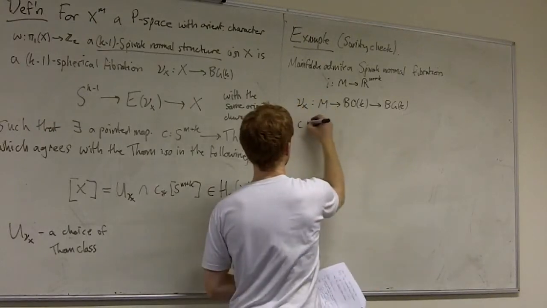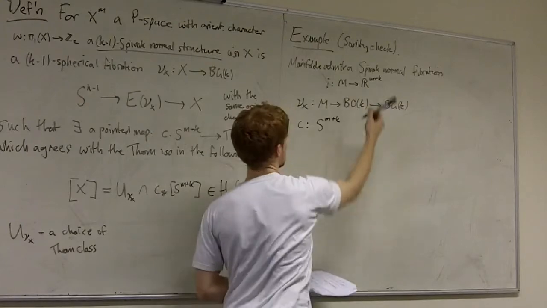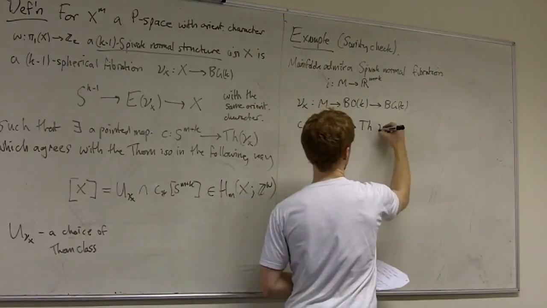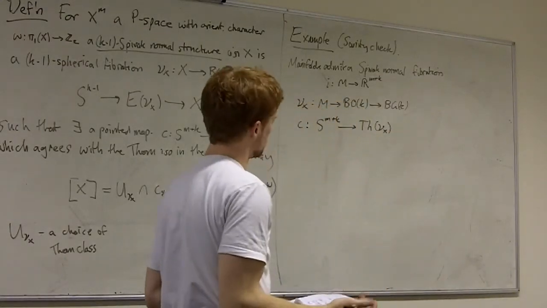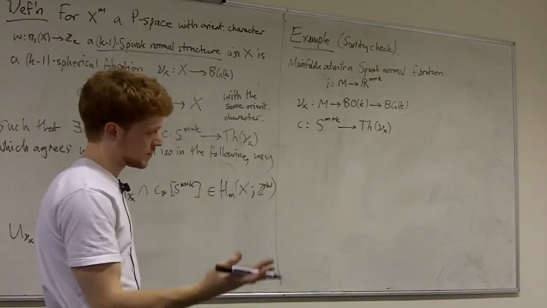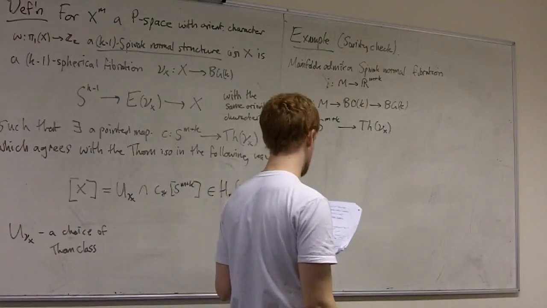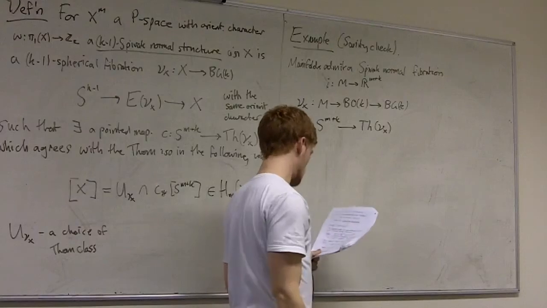So we had the collapse map, that took the point compactification of this thing to the Thom space as we wanted. This is something I didn't explicitly say: the Thom space of the associated spherical fibration is the Thom space of the vector bundle, and that's quite easy to prove. So I've defined it in two different ways, so that should be something that we should be able to prove.